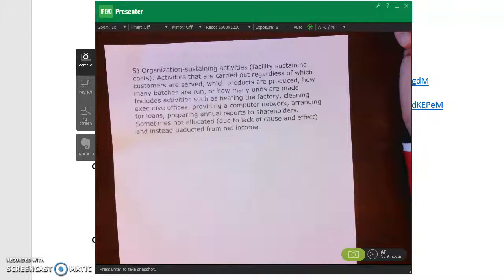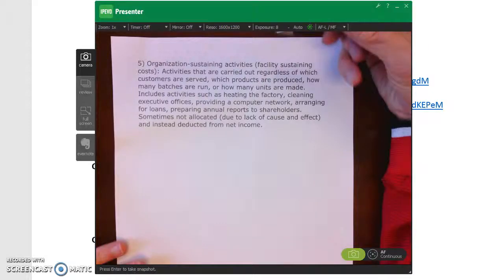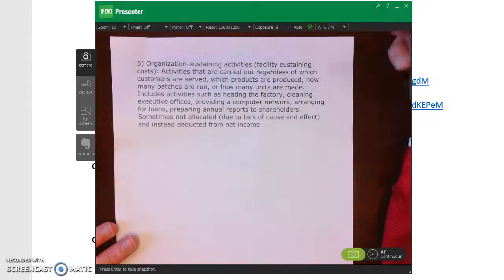So regardless of whether we make one product or 50 products, or one batch or 50 batches, or we're designing one product or 50 products, we still have to heat the factory. We still have to heat corporate headquarters. We still have to pay the CEO. These would be examples of organization sustaining activities.